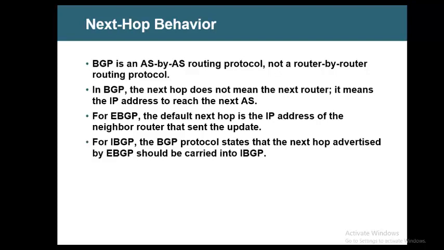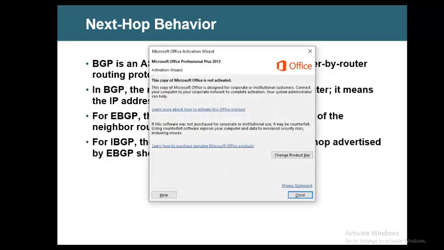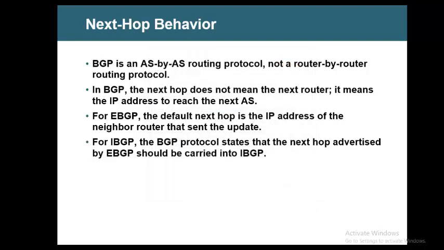BGP is an autonomous system by autonomous system routing protocol. What do I mean by that is, according to BGP's forwarding table, the next hop address to reach the remote destination will not always be the immediate router, because it is an autonomous system by autonomous system protocol, meaning it should show the address with which we form neighbor with the next autonomous system.